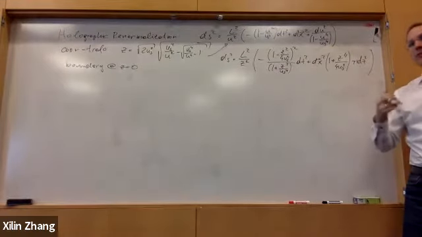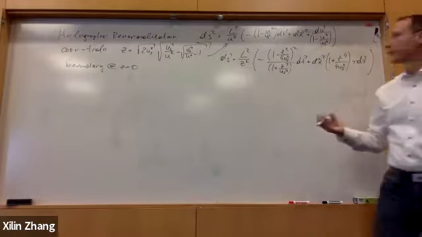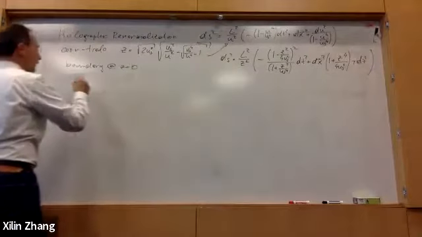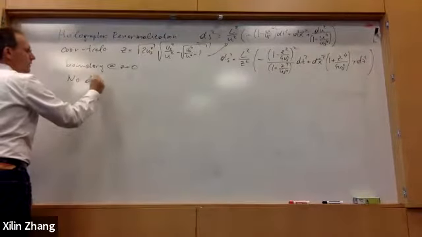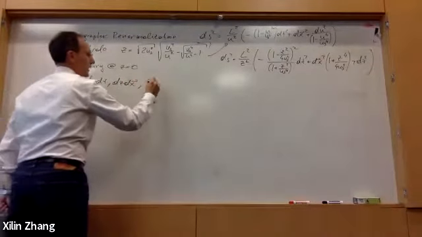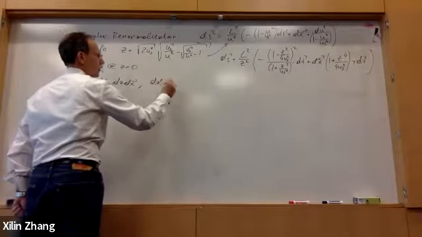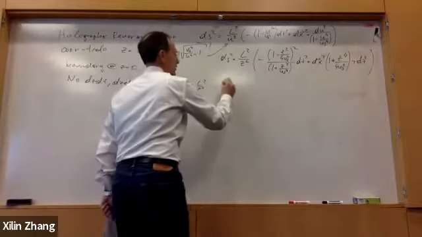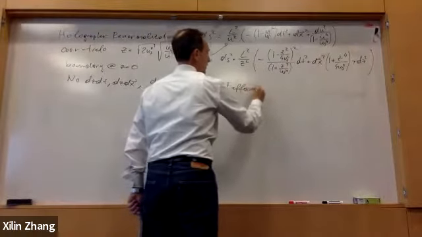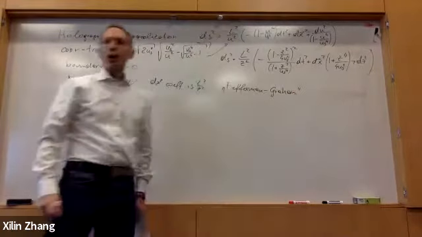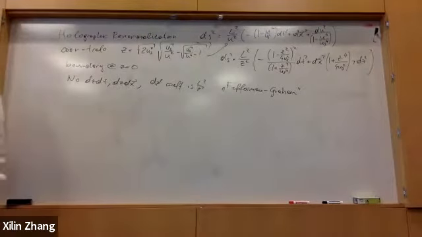This is just a particular gauge choice: no dz dt, dz dx terms, and the dz squared term coefficient is L squared over z squared. This particular gauge is called Fefferman-Graham. And it turns out that you can always bring a 5-dimensional line element into this form. It's a mathematical proof.